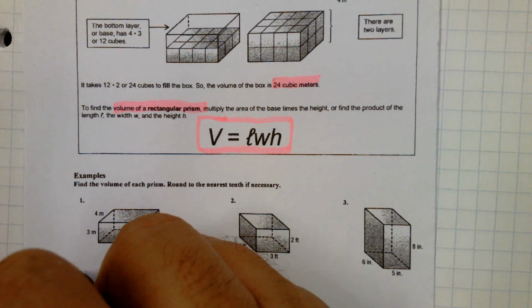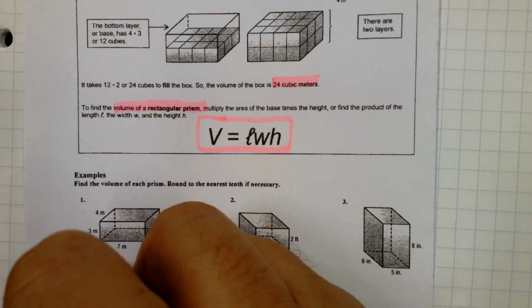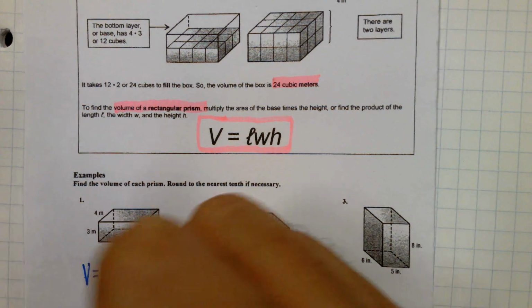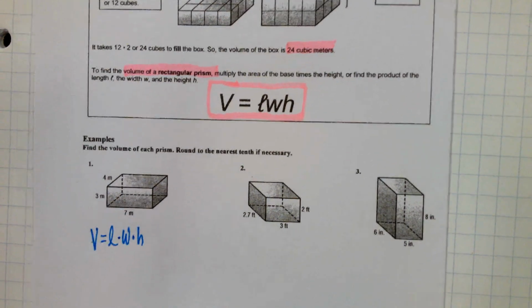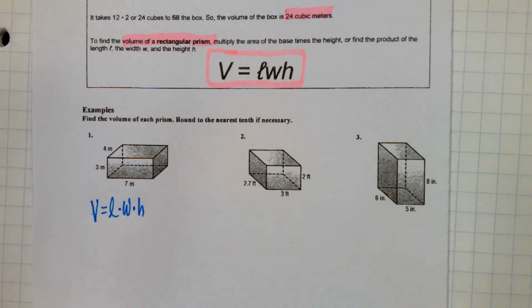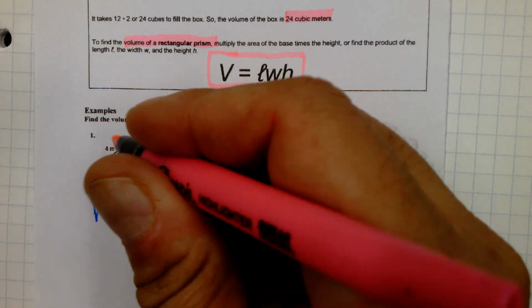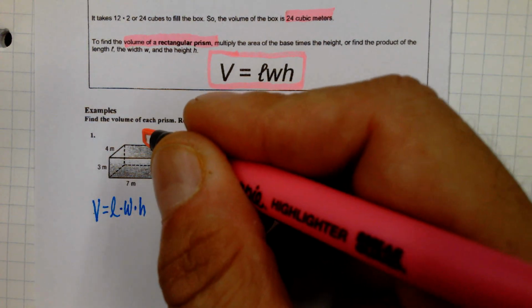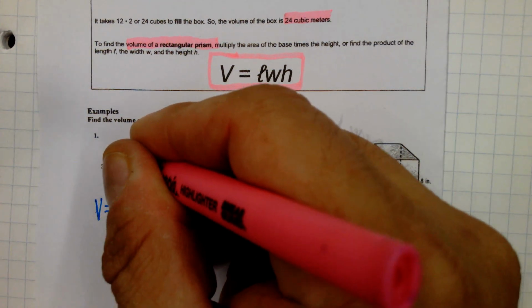First thing I'm going to do is write that formula. Volume is length times width times height. Okay, go ahead and write those down. Length times width times height. It really won't matter, but I'm going to view it this way.